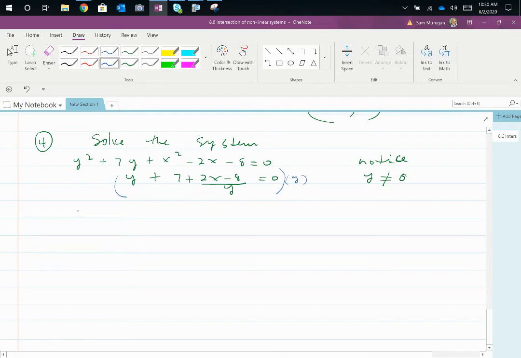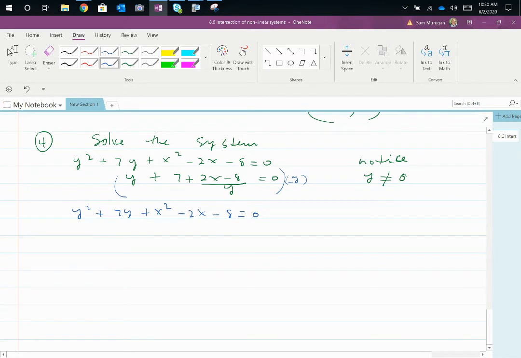So let's write back our first equation, y squared plus 7y plus x squared minus 2x minus 8 is equal to 0. And then distribute y to the second equation. Y times y is y squared. So at this point, I notice that I can eliminate y squared by multiplying by negative y instead.